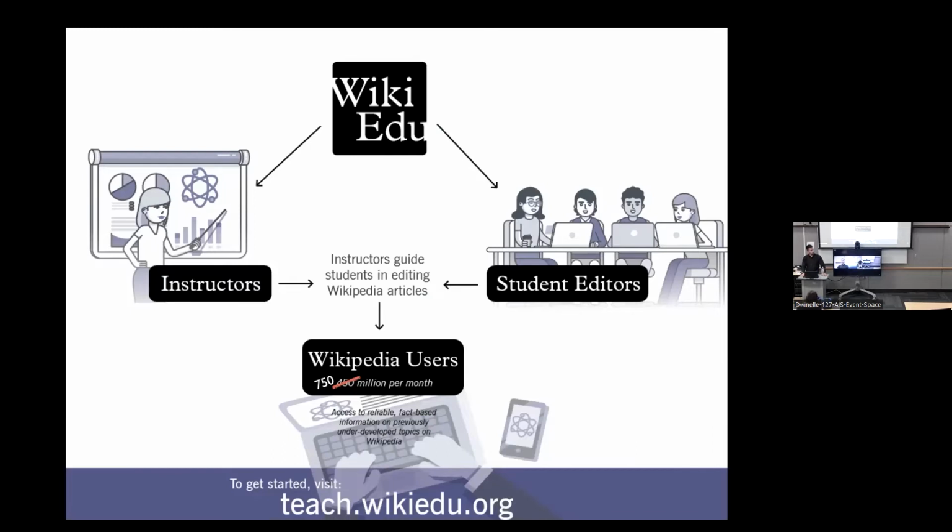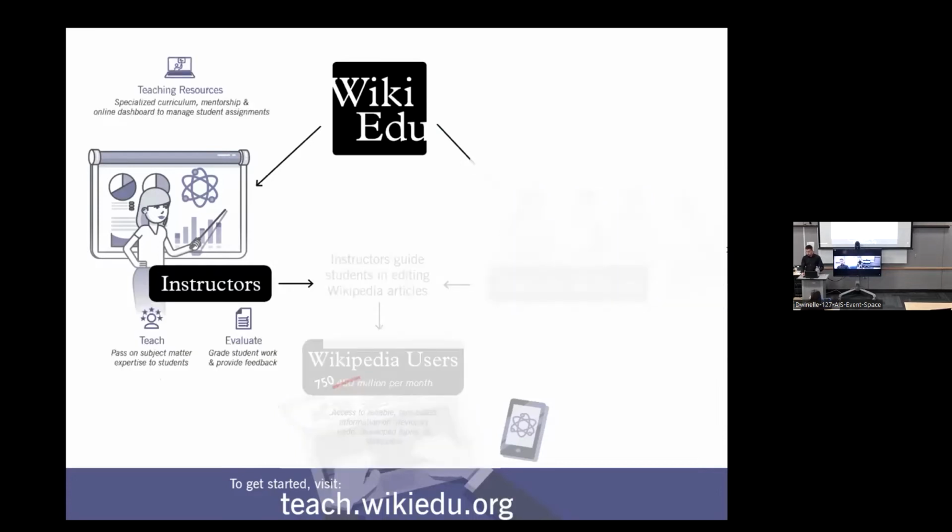And at the bottom, this leads to Wikipedia's more than 750 million unique devices or close to 500 million users per month getting good fact-checked knowledge. So let's talk about the role that you play and the tools that we provide you.